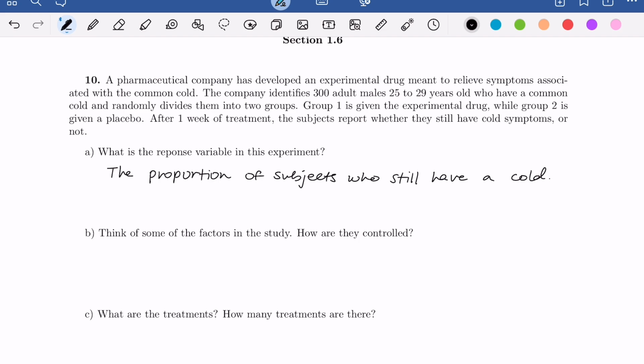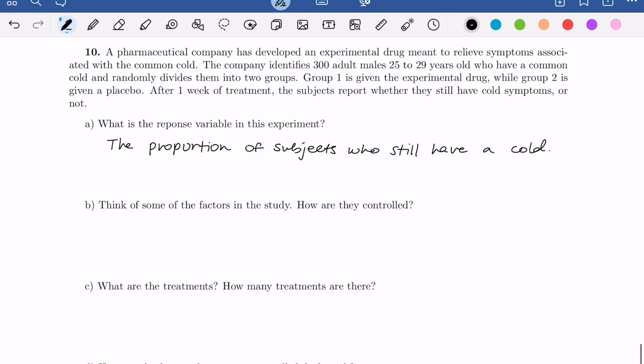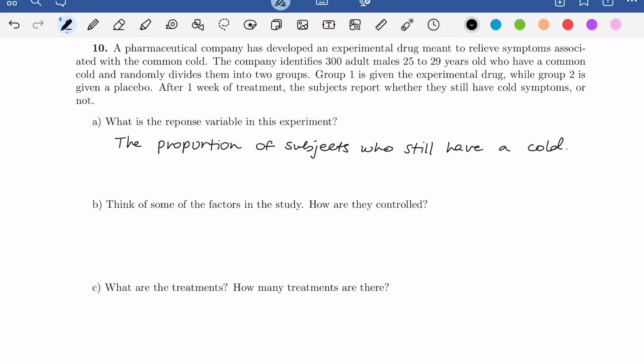All right. Now, for part B, we want to think of some factors in the study and figure out how they're controlled. Well, some factors are going to be gender. We are surveying men in this experiment. Another factor is going to be age and our drug intervention. We're surveying males aged 25 to 29, and we're looking at how this experimental drug will help with the effects of the common cold.